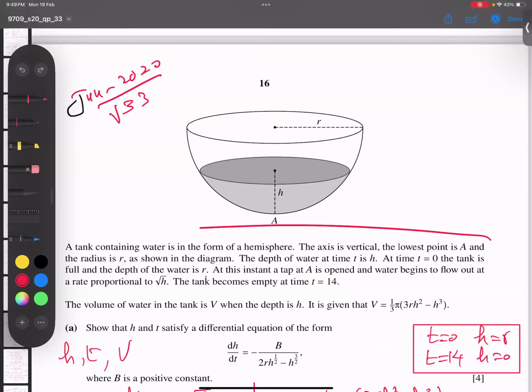You read this whole paragraph carefully. The water flows out; there is no flow in in this question, which is why you can see the negative sign here. I think you can try the first part A only. Again, a 4-mark question, and with more than 2 variables involved, you should go for the chain rule formula. So try yourself first, and then I will do this question myself, inshallah.